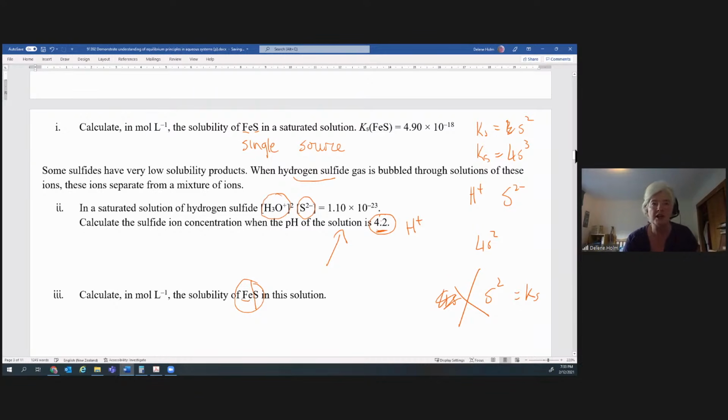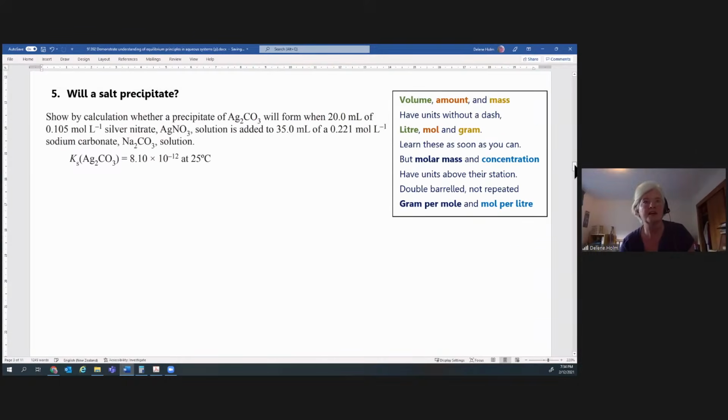I've got Fe coming from one solution, and I've got my S coming from my H2S gas that's coming through. Right, I'm actually going to skip that because we've got quite a bit to get through.